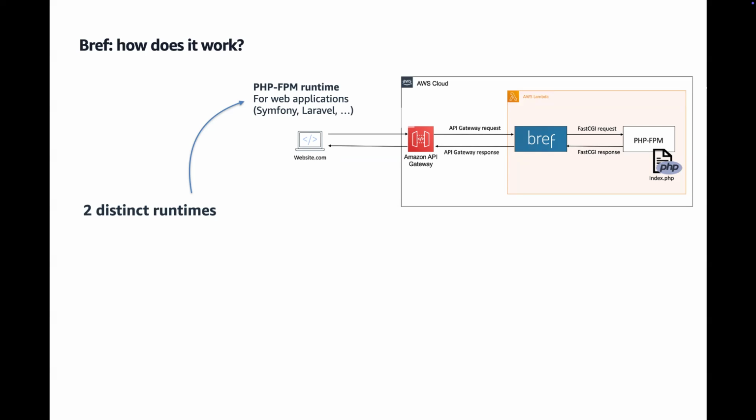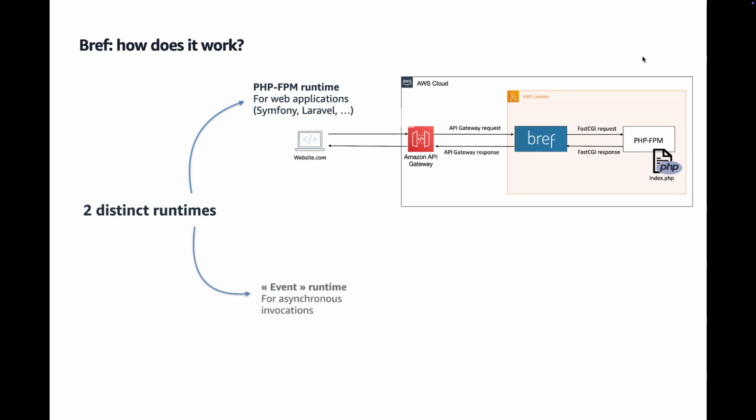So it will take the events payload that the API gateway sends to Lambda, and it will convert that to FastCGI requests so that PHP FPM can execute those. So you can actually leave your whole code totally unmodified to do that.